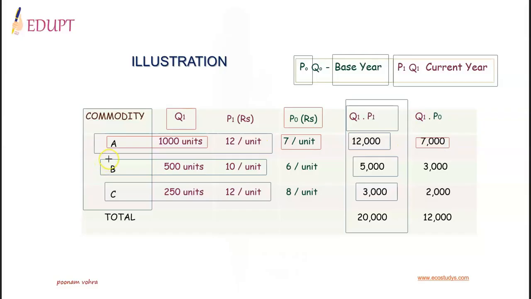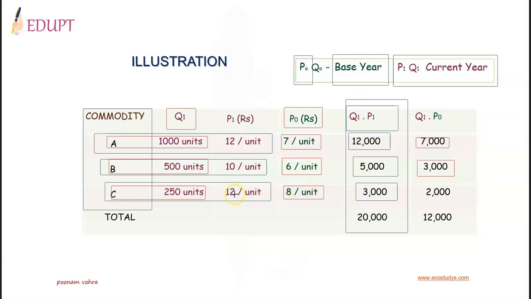For commodity B, current year 500 units are produced, for which the base year price is rupees 6 per unit. So 500 into 6 would give us the money value at the constant prices, which is 3,000. For commodity C, production is 250 units at rupees 8 per unit.